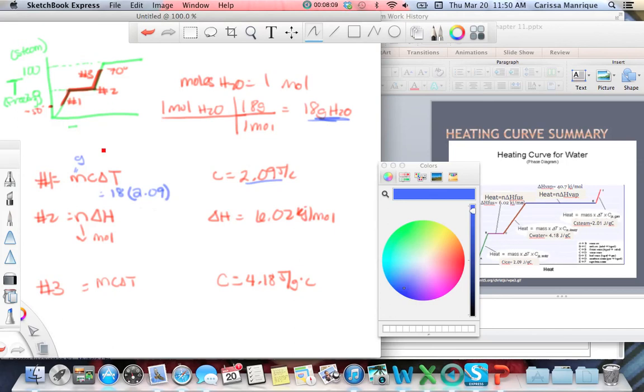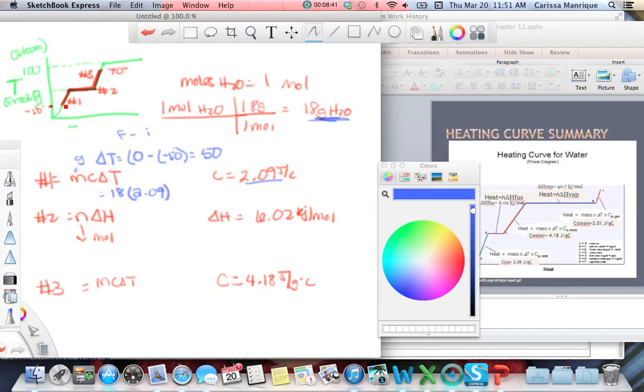And our change in T, for this area, we're going from negative 50 up to 0. Remember this is always final minus initial. So our final, what we're trying to get to right here, is 0 degrees, minus our initial, which was negative 50. So our temperature change there is 50 degrees.